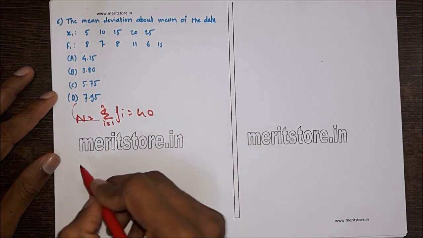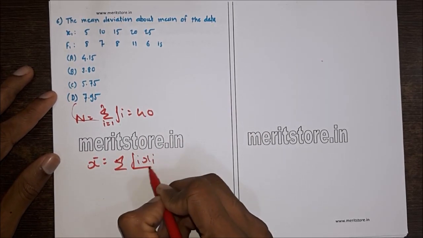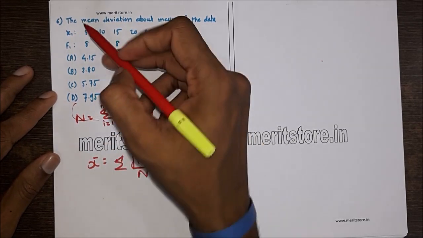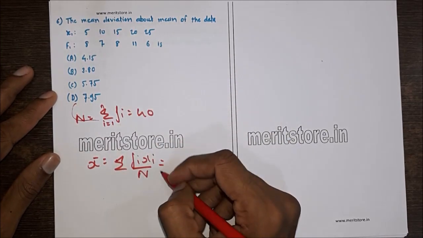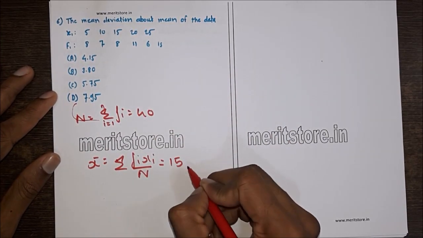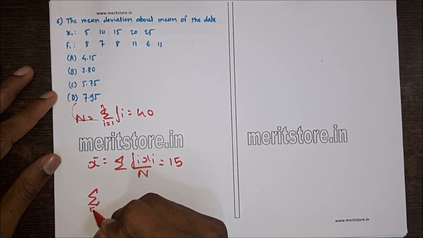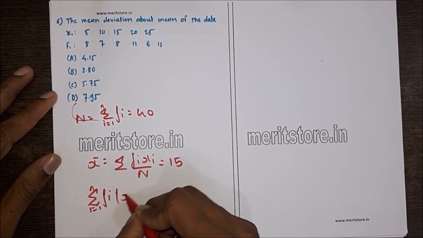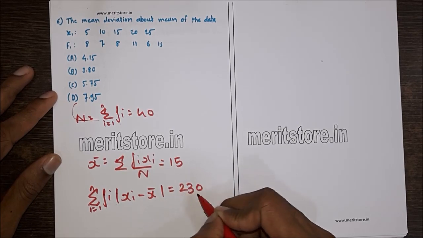And x bar is equal to summation of fi xi upon n, which we find by multiplying xi and fi and taking the summation, and substituting the value of n, that is 40, we get 15. So we find summation of fi mod of xi minus x bar, which we get as 230.